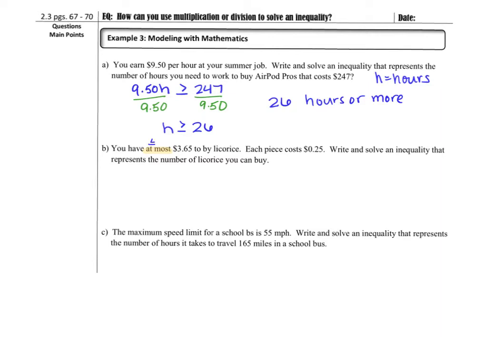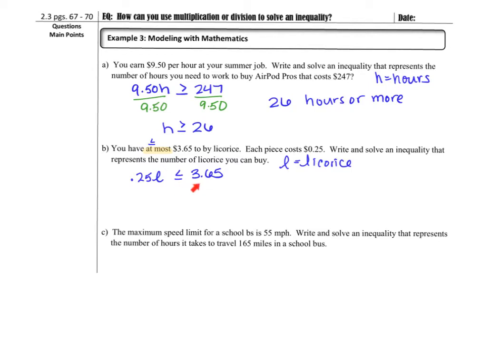And since we're talking about licorice and the question's asking us how many pieces of licorice we can buy, let's have my variable be L and stand for licorice. So if licorice costs 25 cents per piece, so that's 0.25 L, that has to be less than or equal to $3.65, because I can't spend more money than I have.